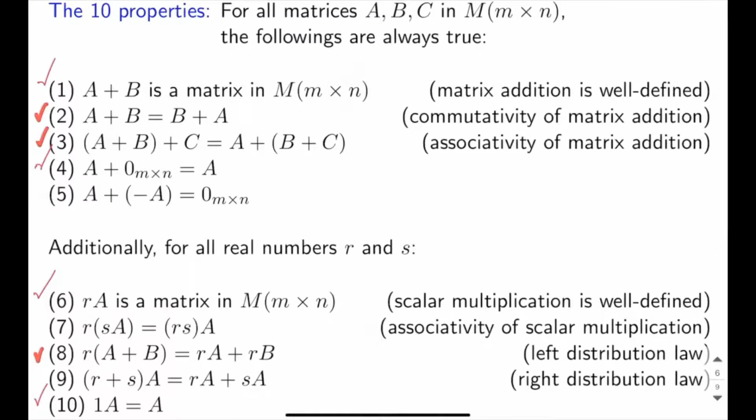Now, surprisingly, not only matrices of the same size satisfy the 10 properties. There are many, many other sets of elements with well-defined addition and scalar multiplication which also satisfy similar 10 properties, and each of these is called a vector space.